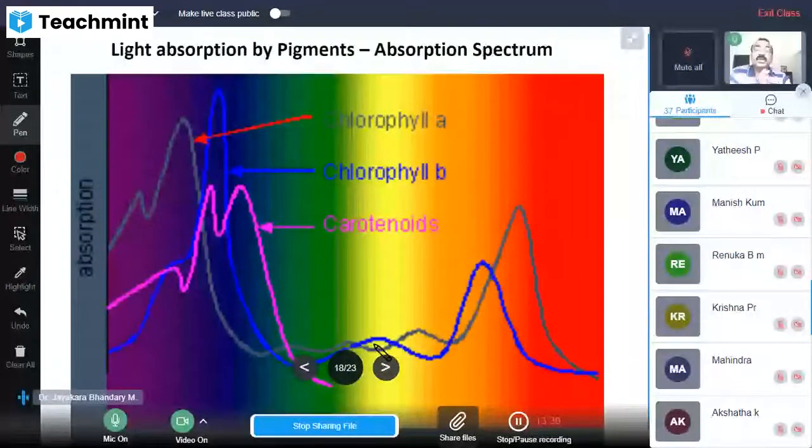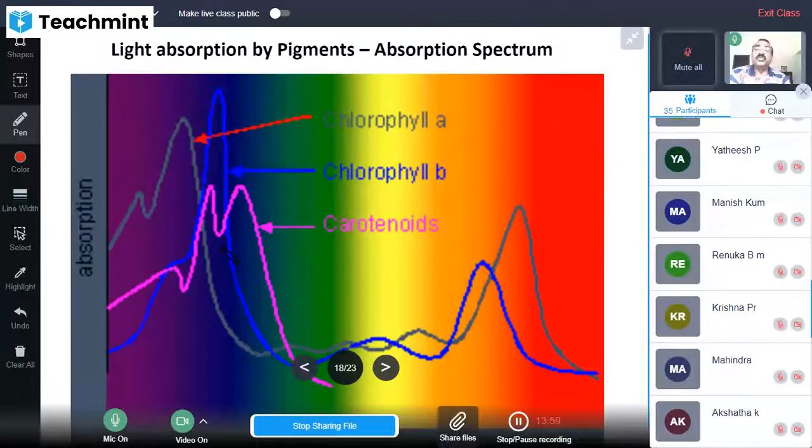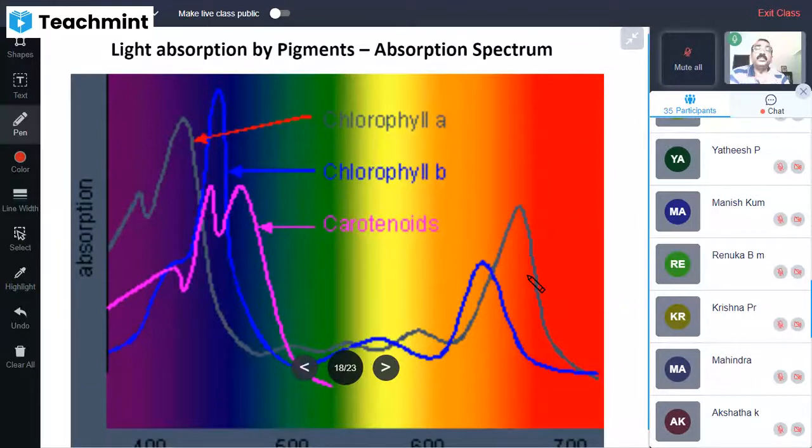So very, very minimum absorption in the green color, maximum absorption in the blue color and the yellow, red color. So here also absorbed, here also absorbed. So pigments absorb light in this blue range and yellow red range, whereas the green color is not absorbed, that is reflected. So green color is not used in photosynthesis, it is reflected, whereas the blue and red color wavelengths are absorbed and they are used up in photosynthesis.